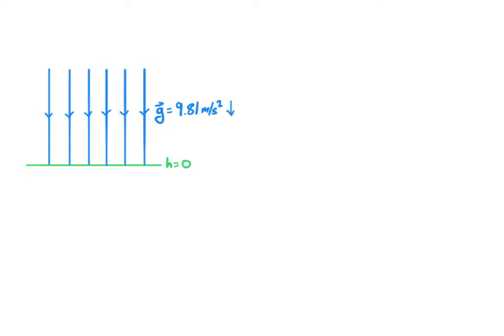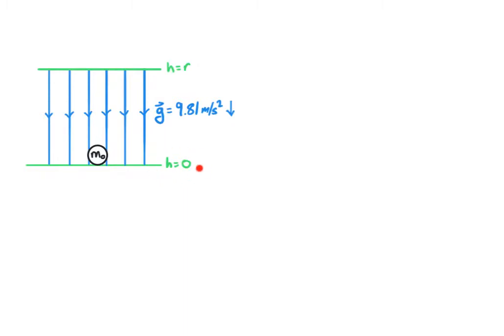Consider an object with a mass m0 held at a height r above the ground. We would say that this system has potential energy because if this mass were released, it would fall under the effects of gravity, speeding up, and it would gain kinetic energy that it didn't used to have. That energy has to come from somewhere, and that's what we call potential energy.